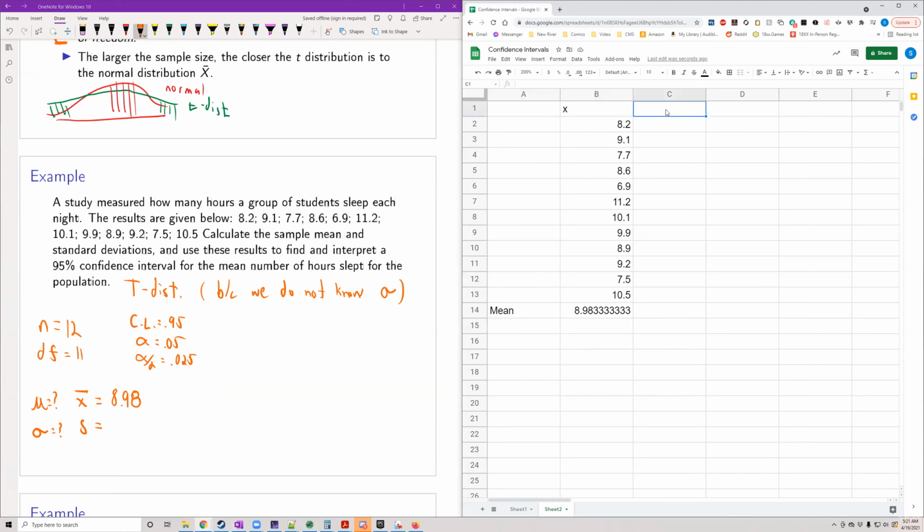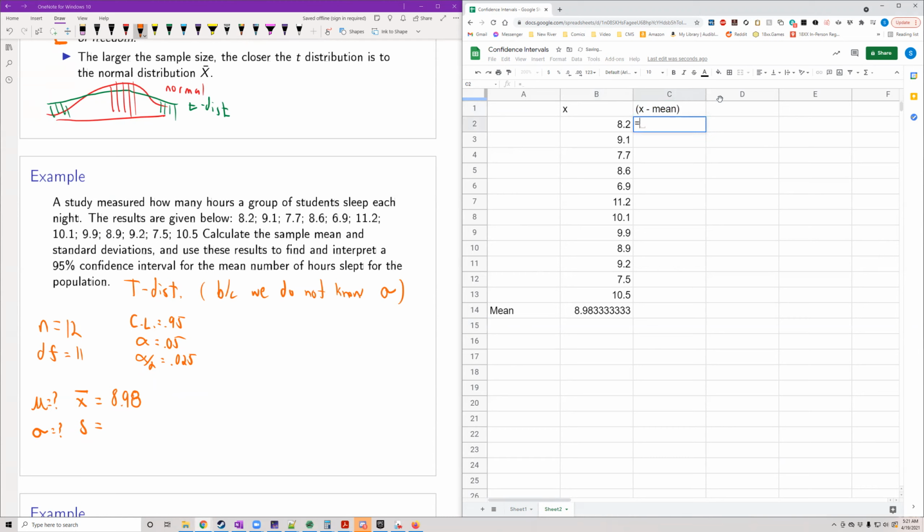For the standard deviation, I'm going to remind us one more time how we would calculate it out by hand. But from now on, I will allow you to use the standard deviation function. So let's do it out by hand once, and then I'll show you how the function works. So the first thing we need to do is the difference from the mean.